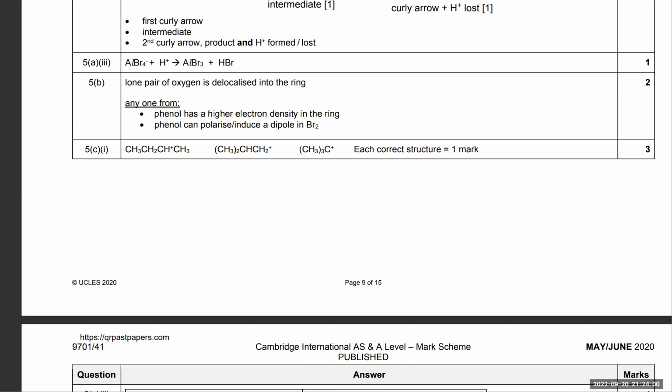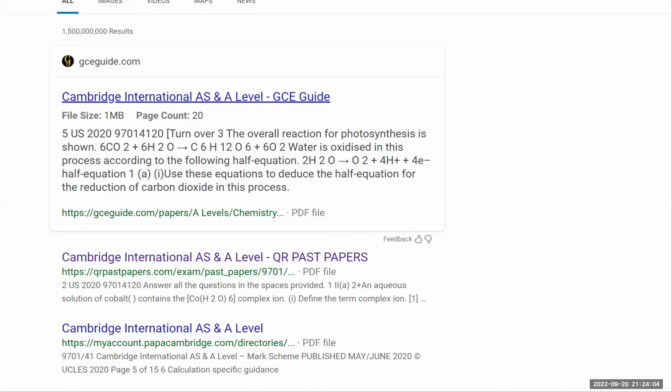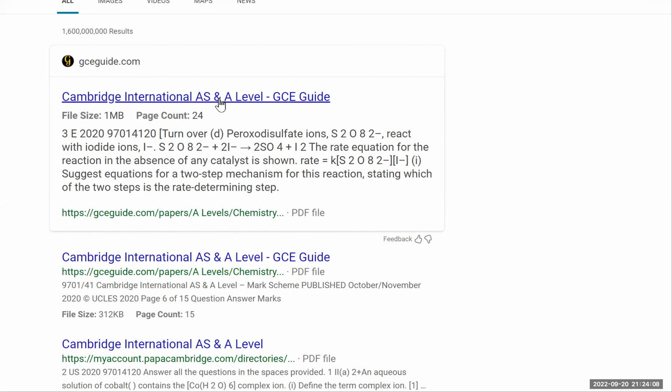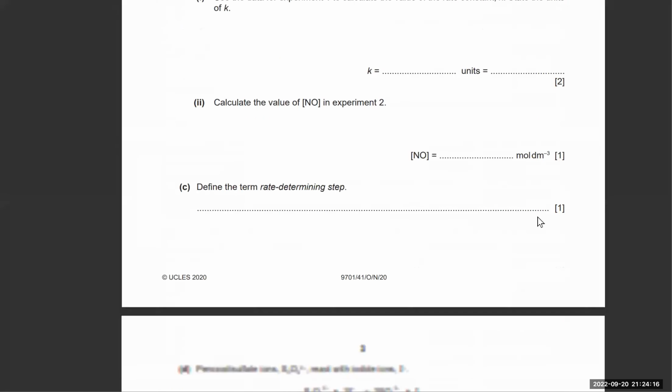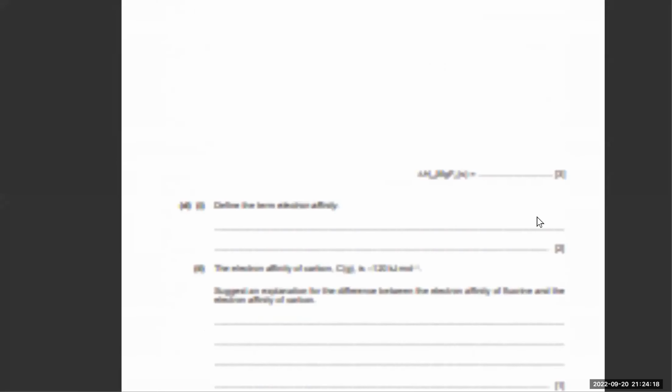Let's do winter 2024, paper 1. So organic, just a second.